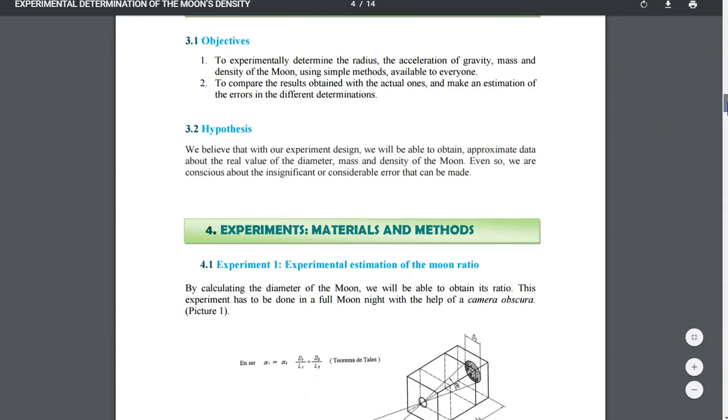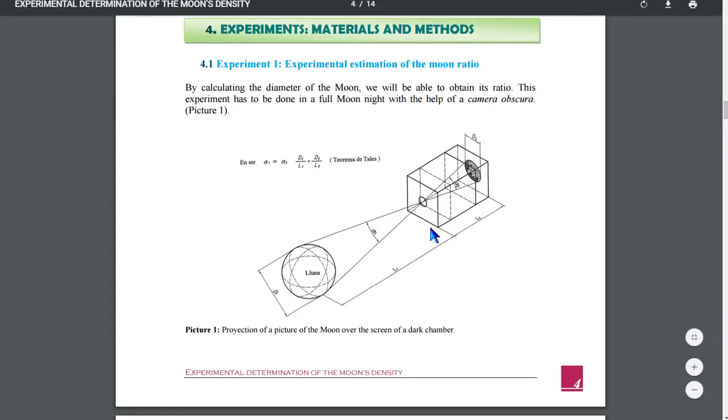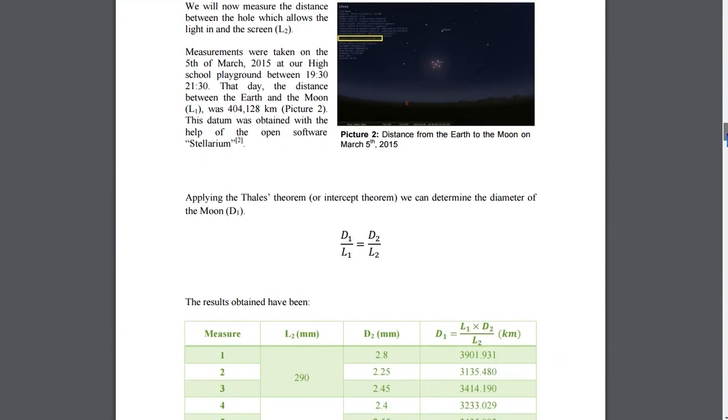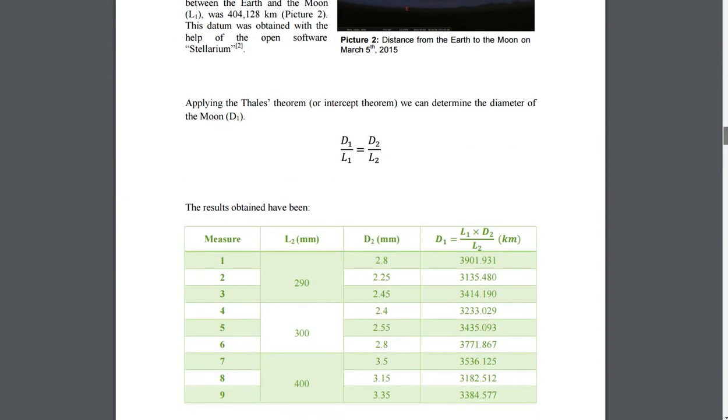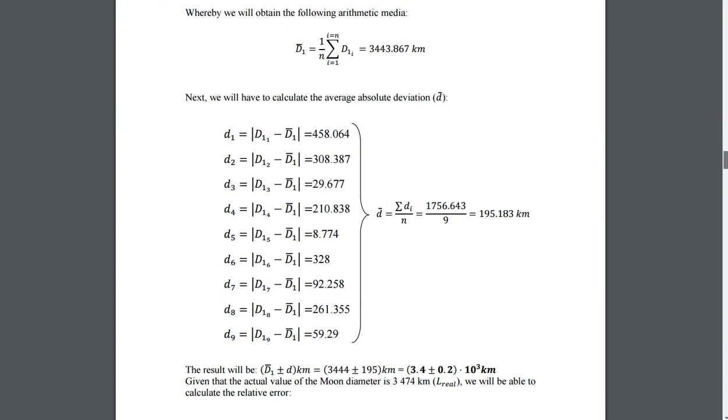And what they did, first of all, they got the diameter of the moon using this equation right here, put in the values that they got, and came up with a chart. And then for the varying distance from the center of the mass of the object being orbited, they have these distances.